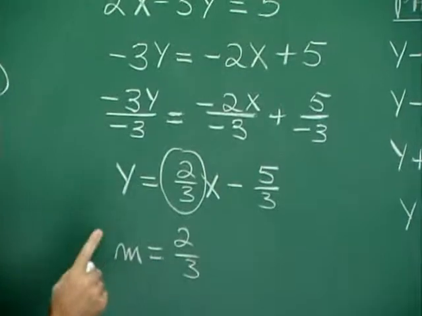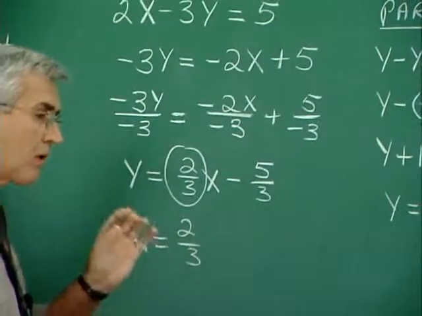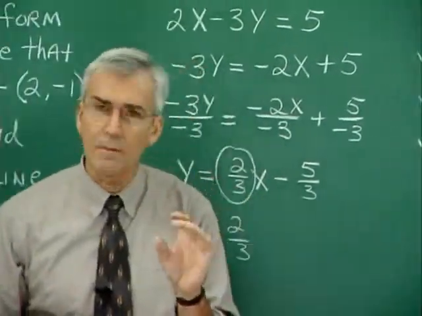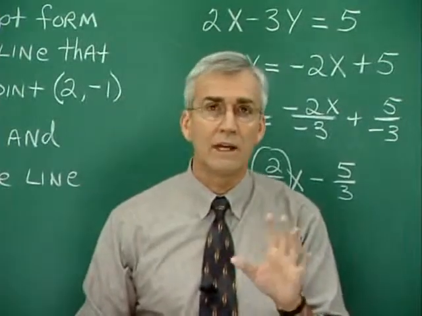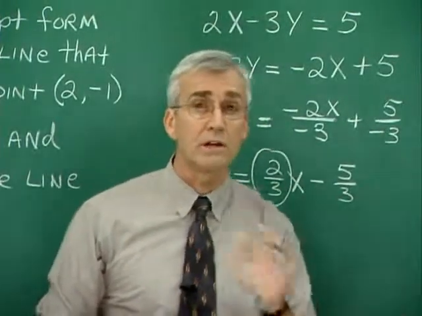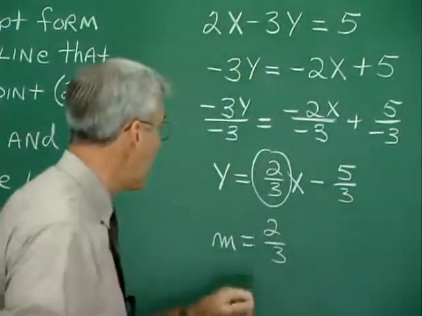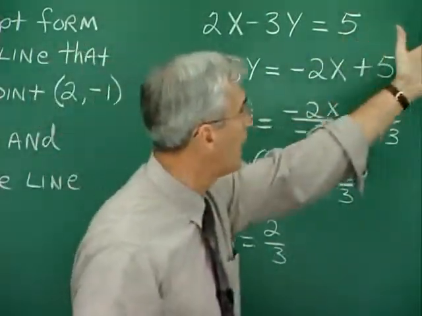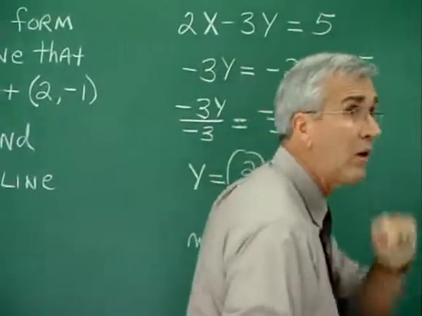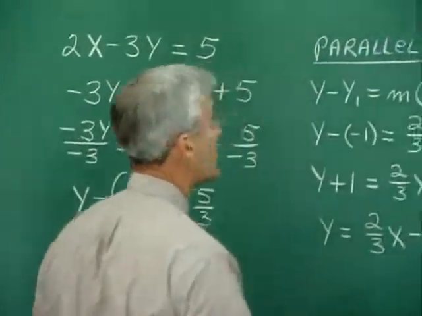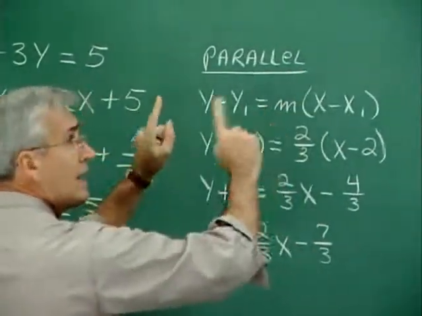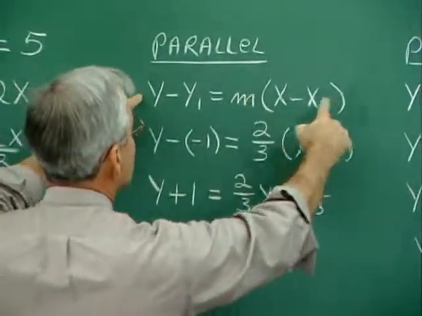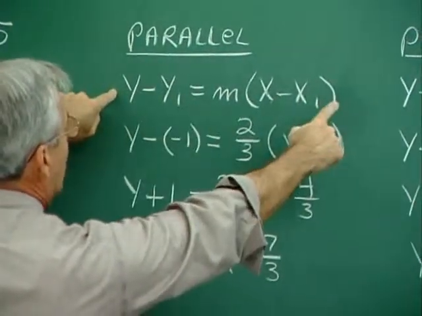All right. Now, that allows us to begin the process of coming up with the equation of any line that's parallel with this, because any line parallel with this will have a slope which is also 2/3. So for the parallel line going through a particular point, now remember that point was 2, -1. So we're inventing the equation of a line, so we use this point slope form.